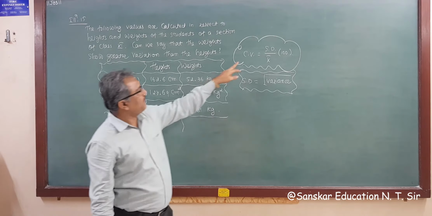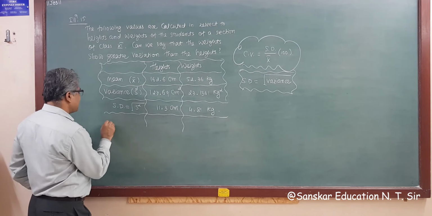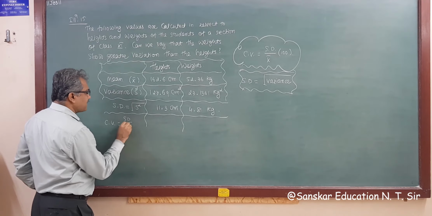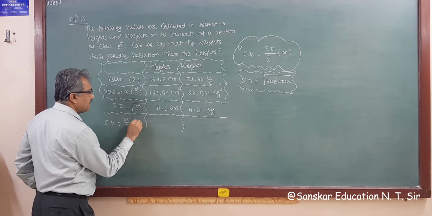Now for CV, the formula is CV is equal to standard deviation upon x bar into 100.